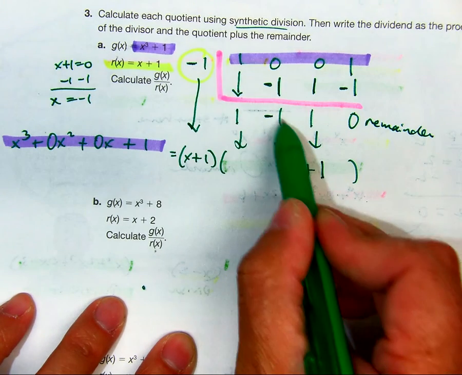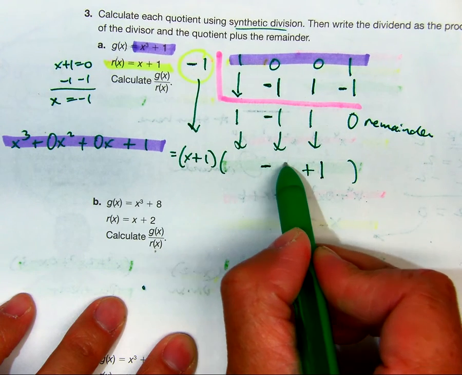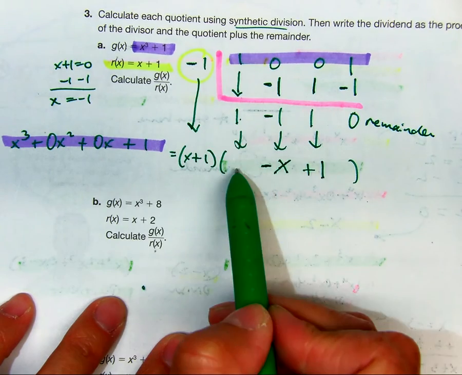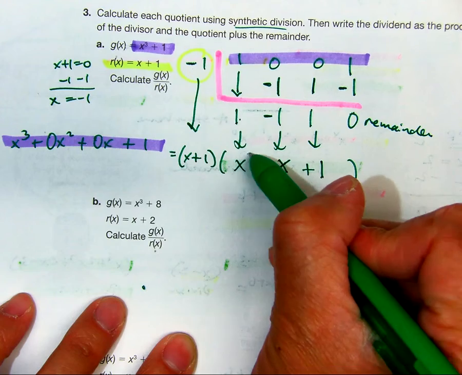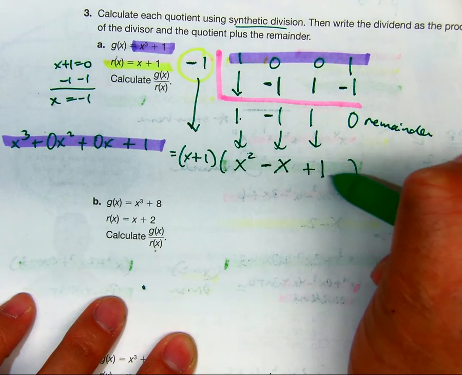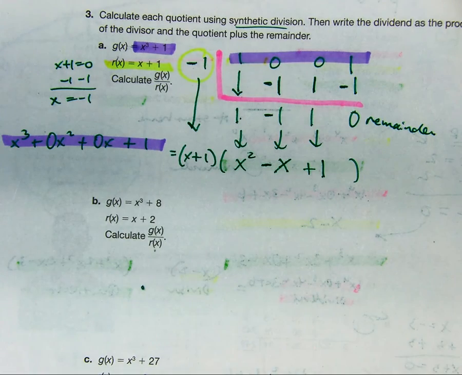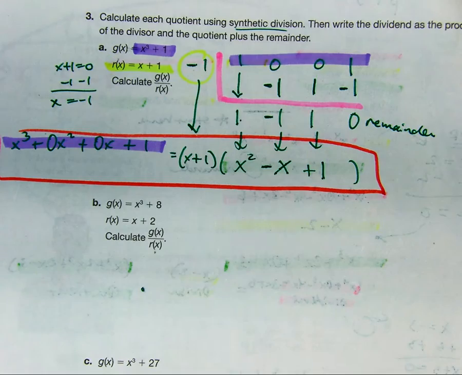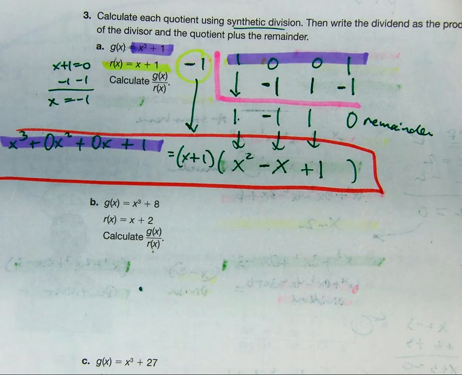What does this become, class? -x or -1x. And this one becomes x squared, right? Remember, you can always go back up. x0, x1, x2. So here's our product. And I use synthetic division to get my quotient.